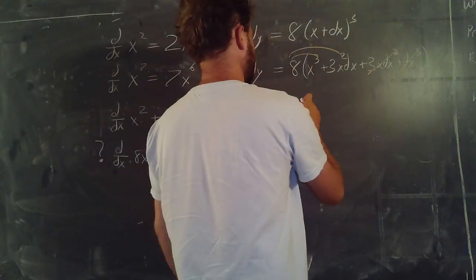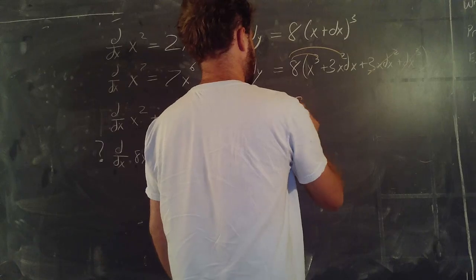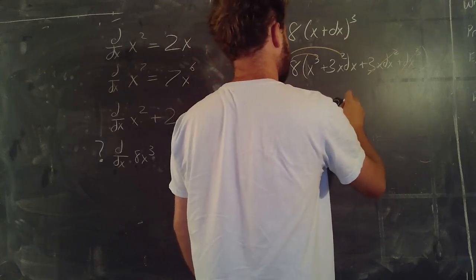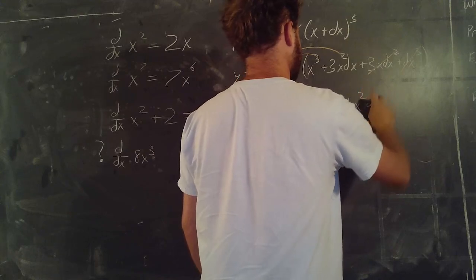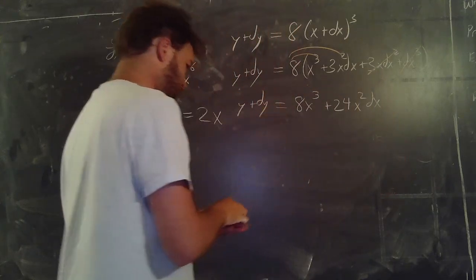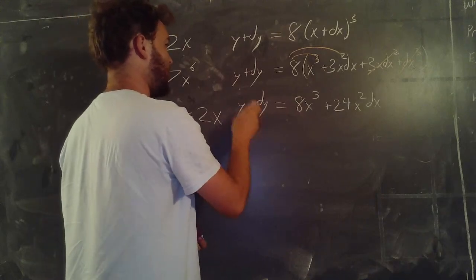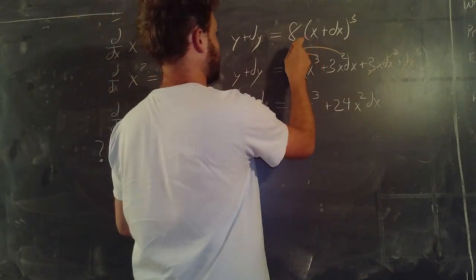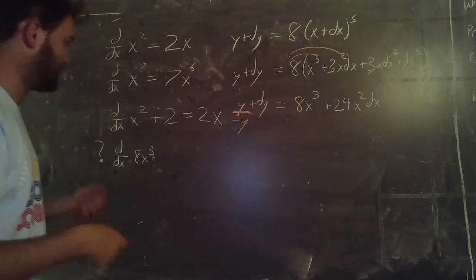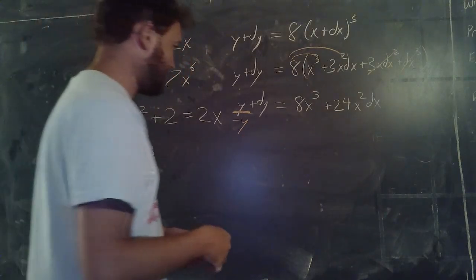That will leave us with 8x to the third as expected, plus 24x to the second dx, equals y plus dy. And of course subtracting y, remembering that y is defined as, and I forgot to write it down, but y is defined as 8x to the third, and I'm sure we're familiar with that step by now.